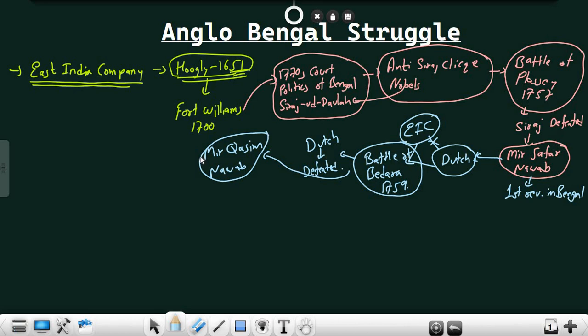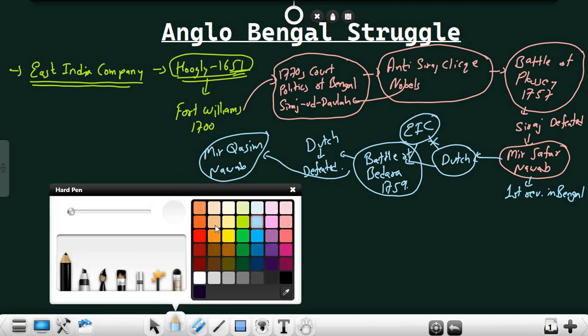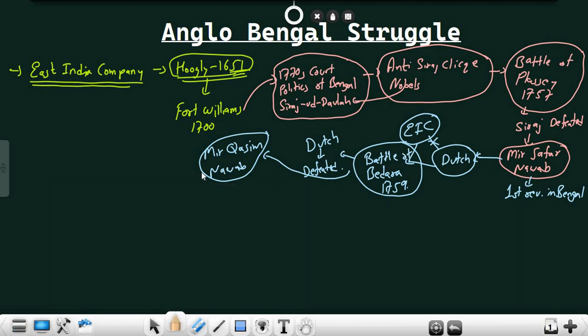But soon some conflicts started between the East India Company and Mir Qasim. As a result of this conflict, another battle was fought, the famous Battle of Buxar in 1764.